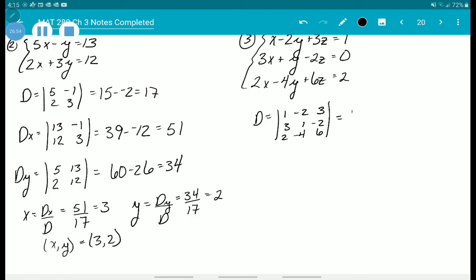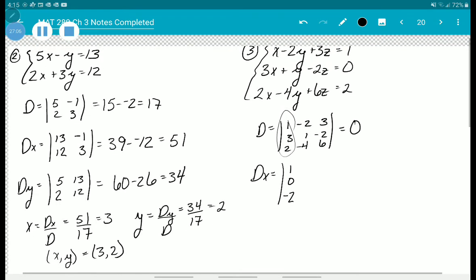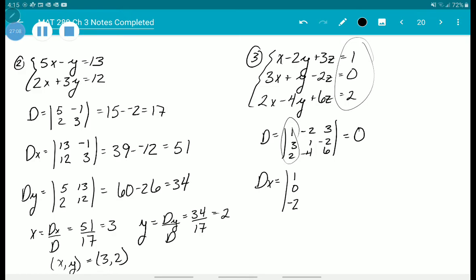So when I found it, I got 0. Dx is going to replace that first column with what's on the other side of the equals. So I replace this column with this stuff. Those other two columns stay the same.